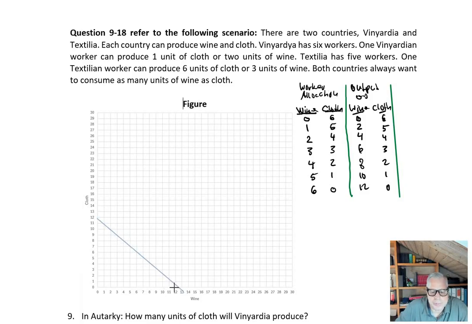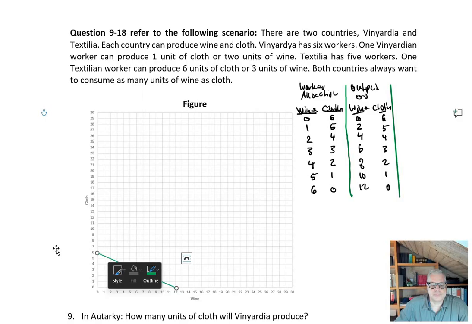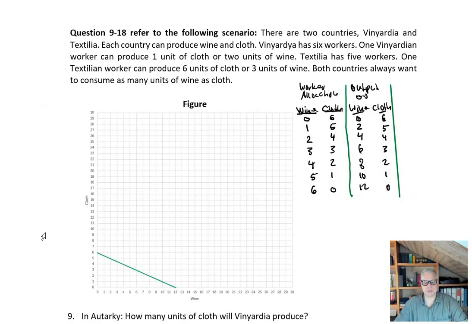Now it works. So it goes from 6 to 12. Okay, let's make it green. So that is the production possibility frontier for Vinyadia.